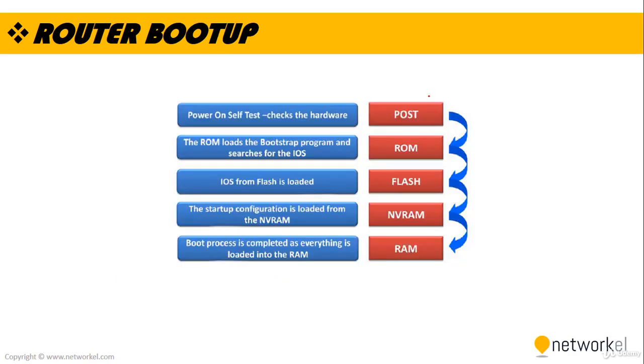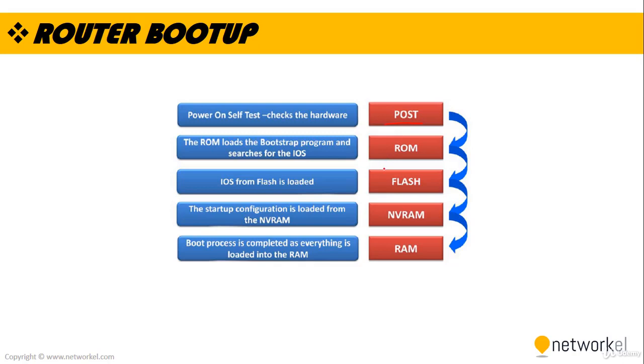So, how does a router boot up? Let's take a look at this. The first thing when a router is booting up is the power on self test. In this step, the hardware is being checked.